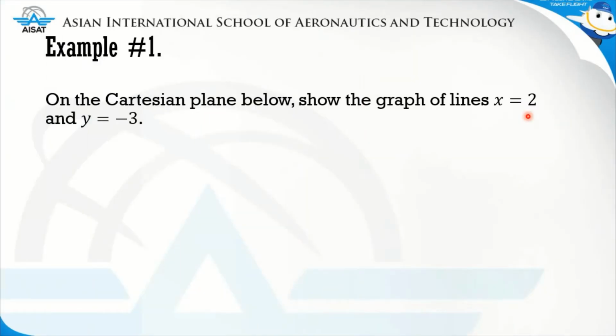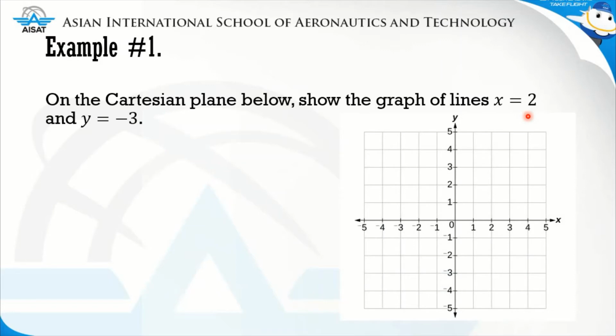Now let's have example number 1. On the Cartesian plane below, show the graph of the lines x = 2 and y = -3. We have here our first given equation, x = 2. We know that this type of line is a vertical line. Since k is positive, that means it is to the right of the y-axis.